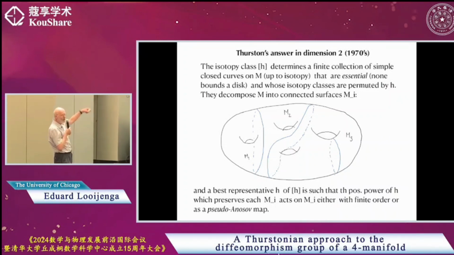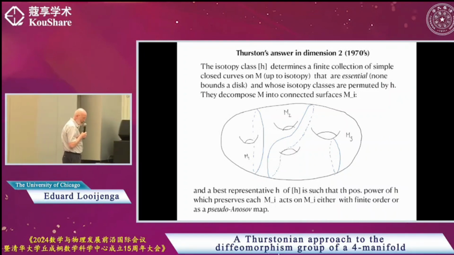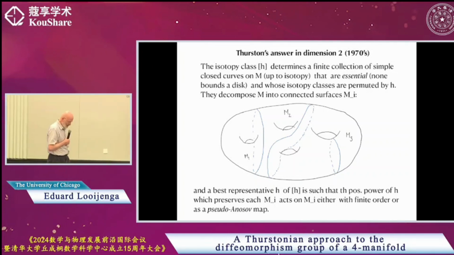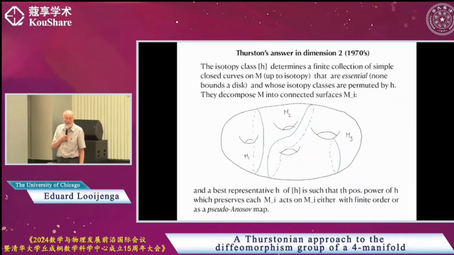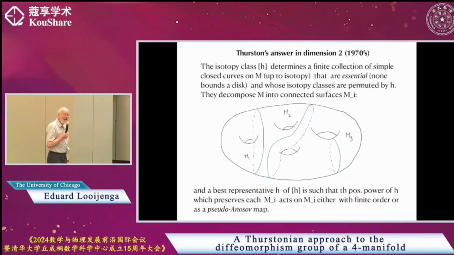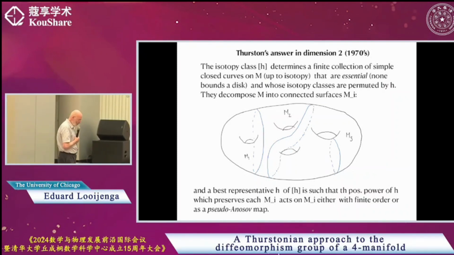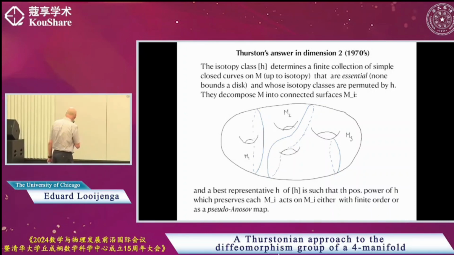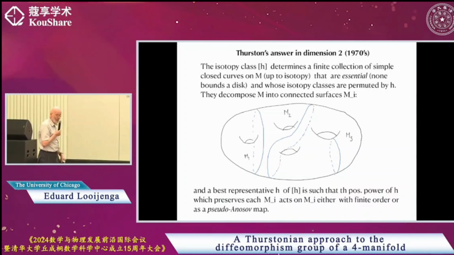So there is a collection of those curves, cutting up the surface in pieces, each piece being a surface which is the interior of a compact surface with boundary. And the assertion is then that you can find a diffeomorphism in this isotopic class that preserves this collection of curves.